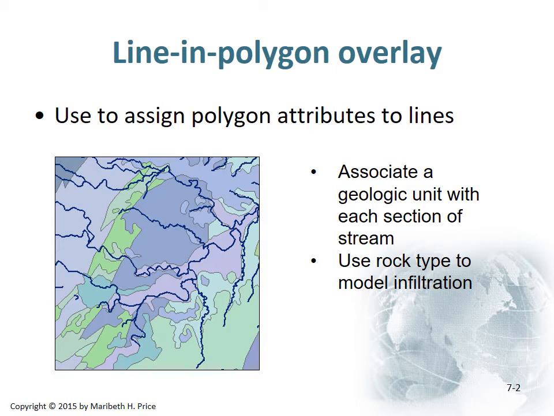And so here, one example we might use this for would be using the rock types to help model infiltration rates. So if we know what the rock type is, we have an idea on how much loss we might experience from the stream flowing across the rock, and how much the water will infiltrate that rock surface and descend, percolate down into the earth beneath it.